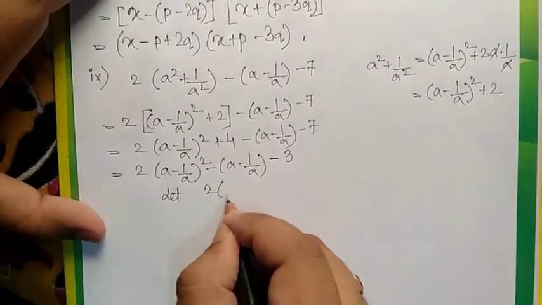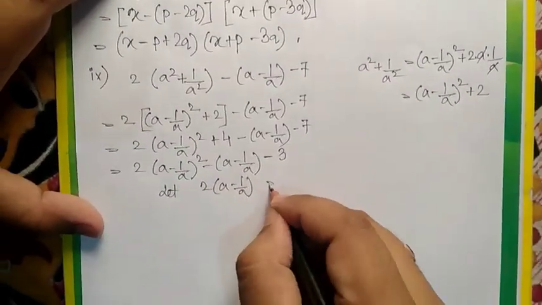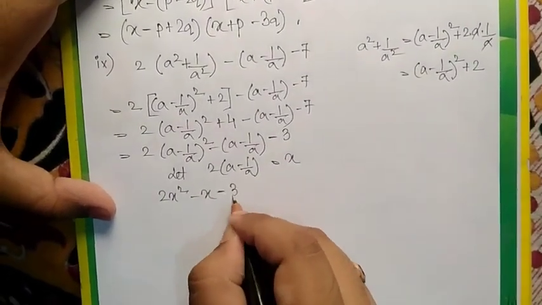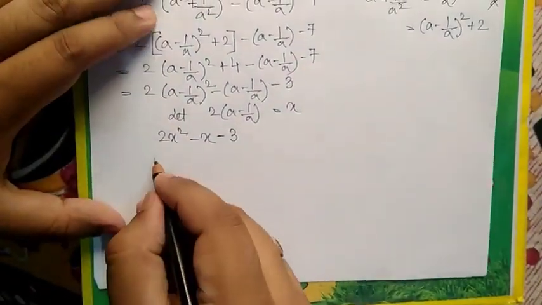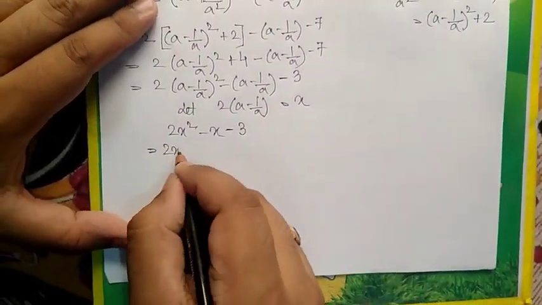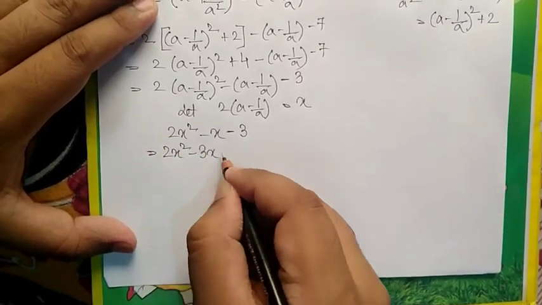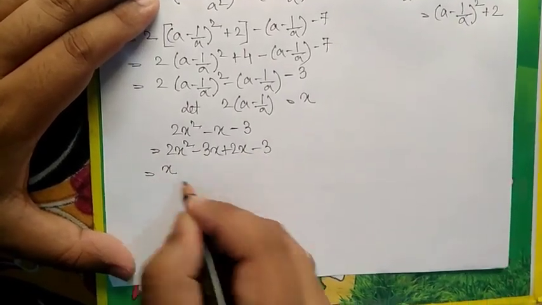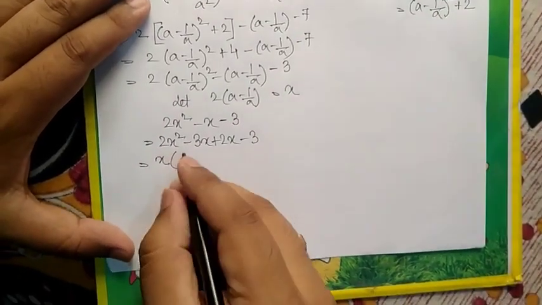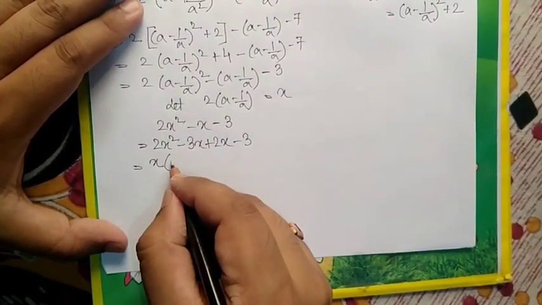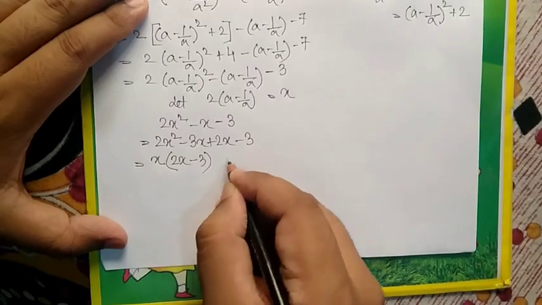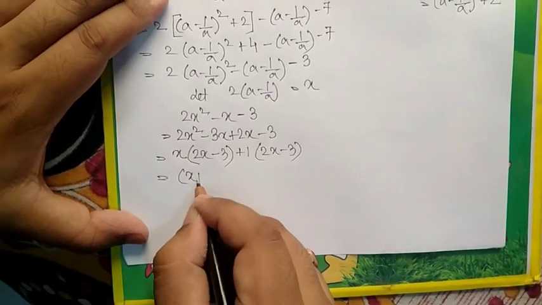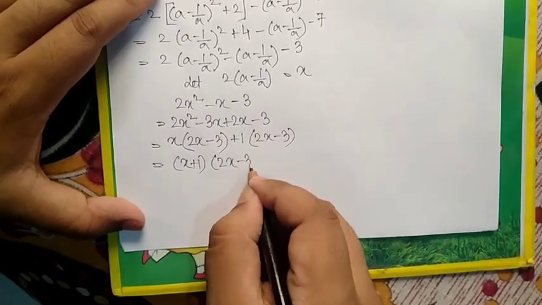Let a minus 1 by a equal to x. So therefore 2x square minus x minus 3. After that, middle term procedure: 2x square minus 3x plus 2x minus 3. Taking x common, we can get x, 2x minus 3, plus 1, 2x minus 3. So therefore x plus 1 and 2x minus 3.